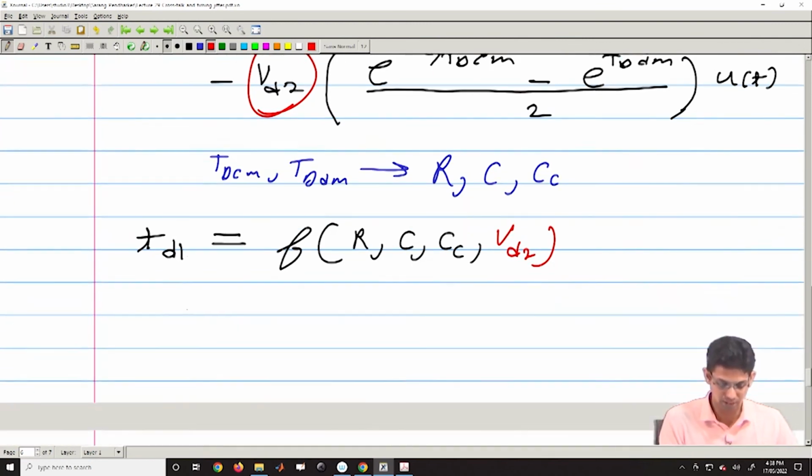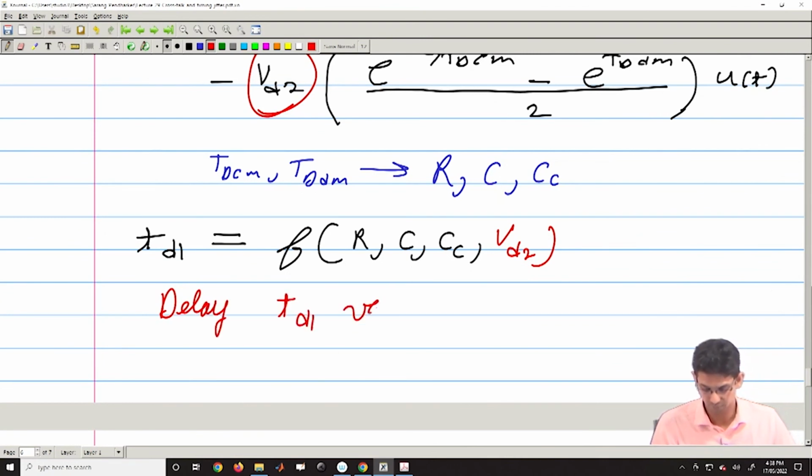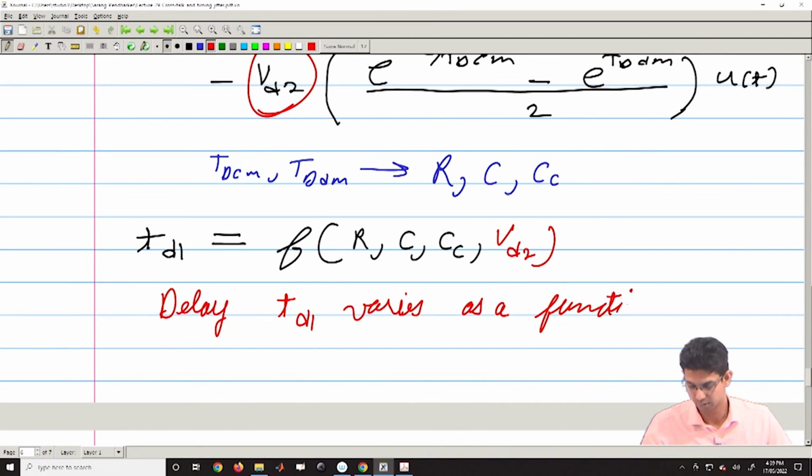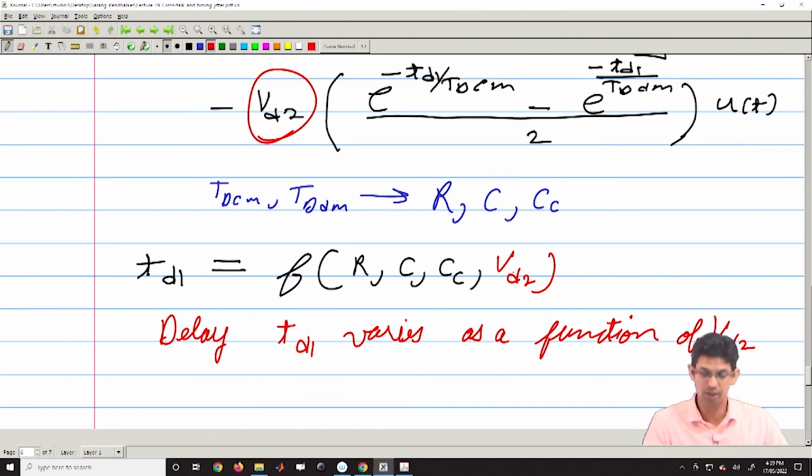So, what it means is that your delay TD1 varies as a function of VD2.